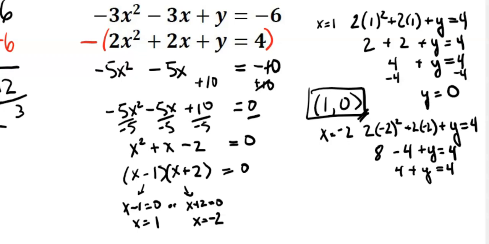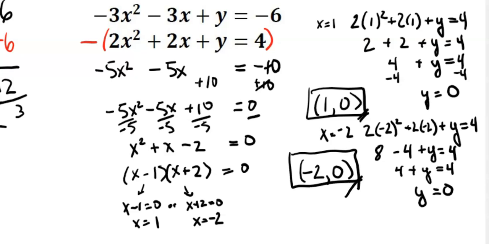Then subtracting 4 from both sides, once again we see y equals 0. And so our other solution is the ordered pair negative 2, comma 0. And both of these ordered pairs are our solution.